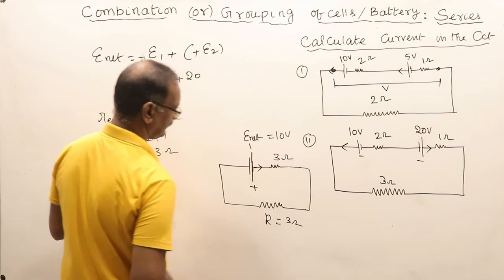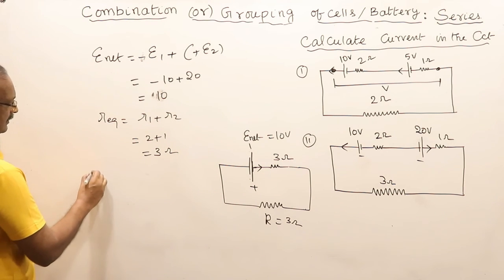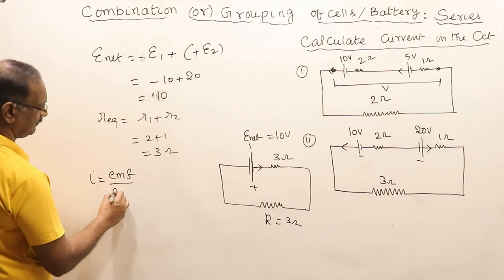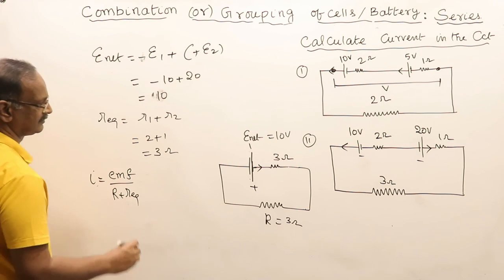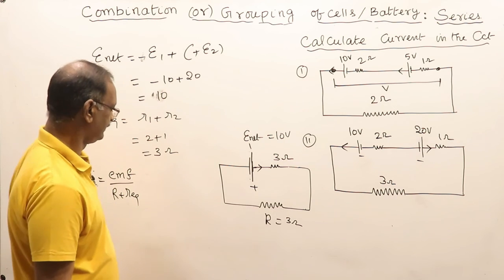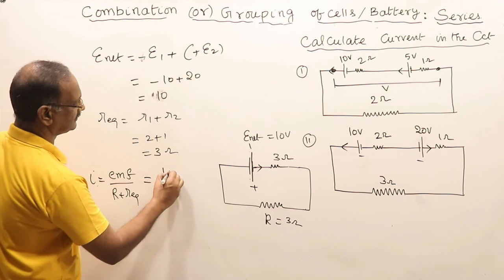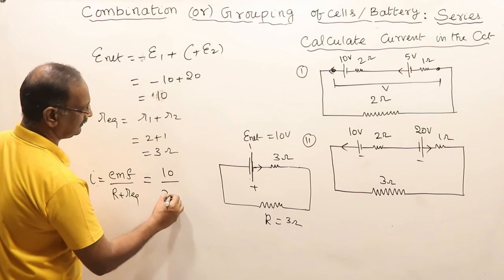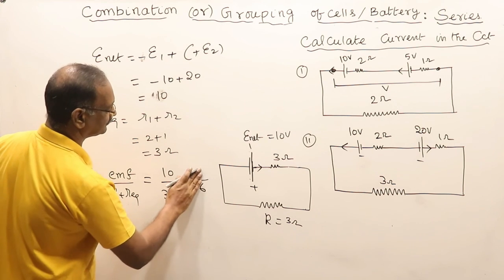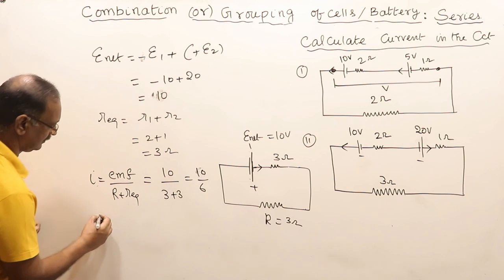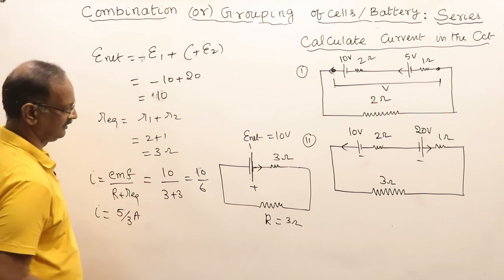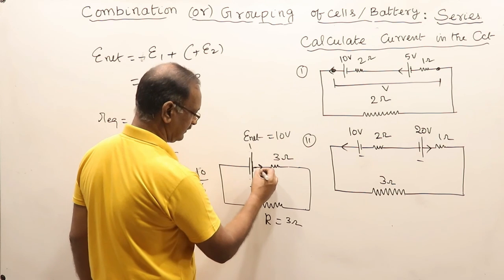Now current is equal to net EMF divided by R plus R equivalent, because this is R equivalent and this is external resistance, both are in series, so we add together. Current is equal to 10 divided by 3 plus 3, is equal to 10 by 6. So current through this circuit is equal to 5 by 3 ampere, and the current flows this way.